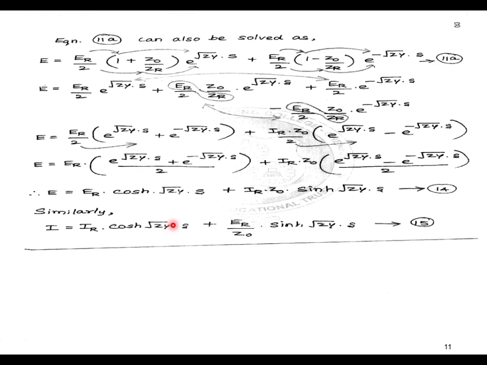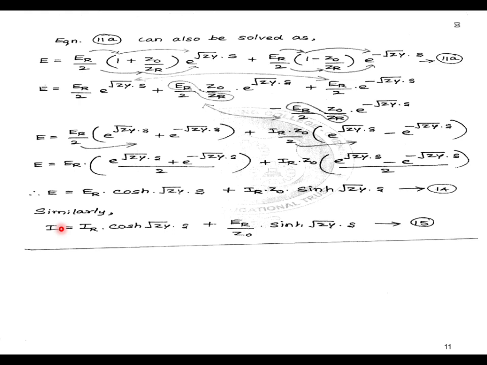So we write E equal to ER into cosh theta, where theta is root of ZY into S, plus IR Z0 into sinh. Likewise, for sinh, the formula is e power theta minus e power minus theta divided by 2. So sinh root of ZY S. Similarly, we can write I equal to IR cosh root of ZY S plus ER divided by Z0 into sinh root of ZY S.